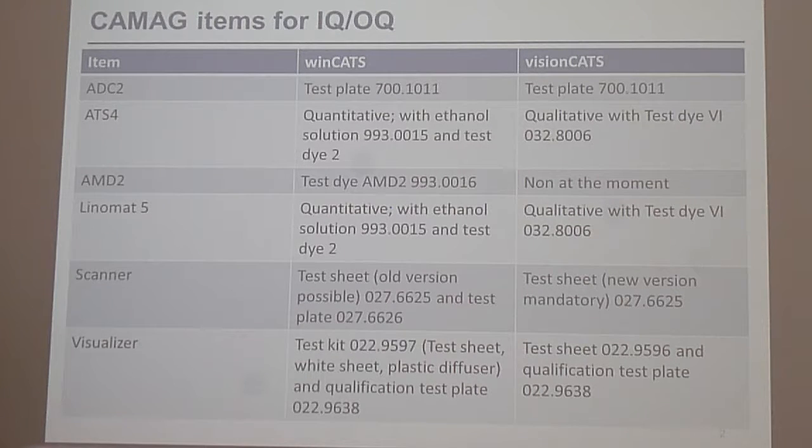But for VisionCATS, the qualification test bed is the same, while the rest, the diffuser and the white sheet, is gone, because this was about checking the even distribution of the light.